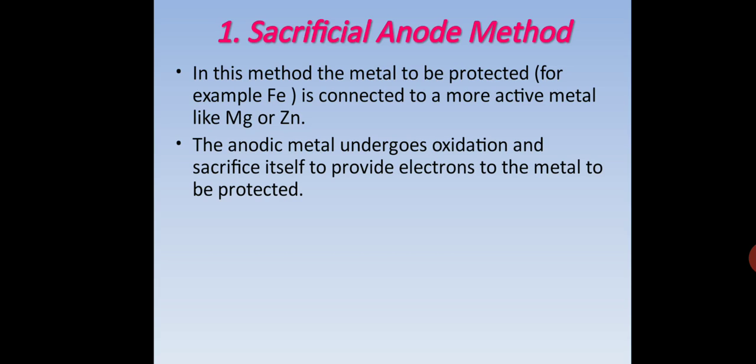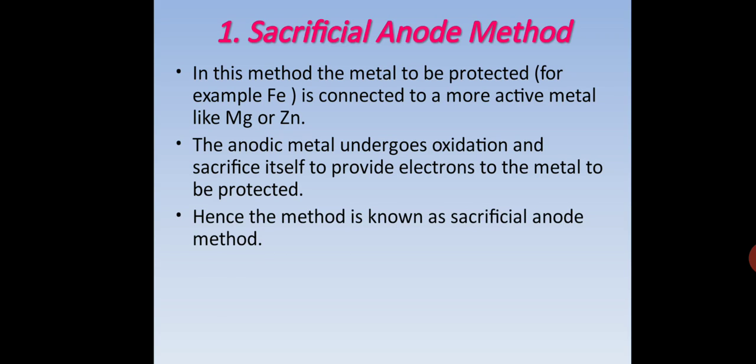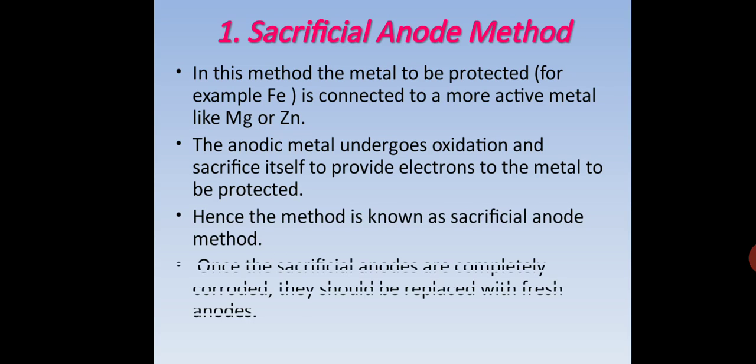Hence they sacrifice themselves, and hence they protect the iron metal structure. In this way the anode, whatever we are connecting, is sacrificed or lost, and hence the method is known as the sacrificial anode method.